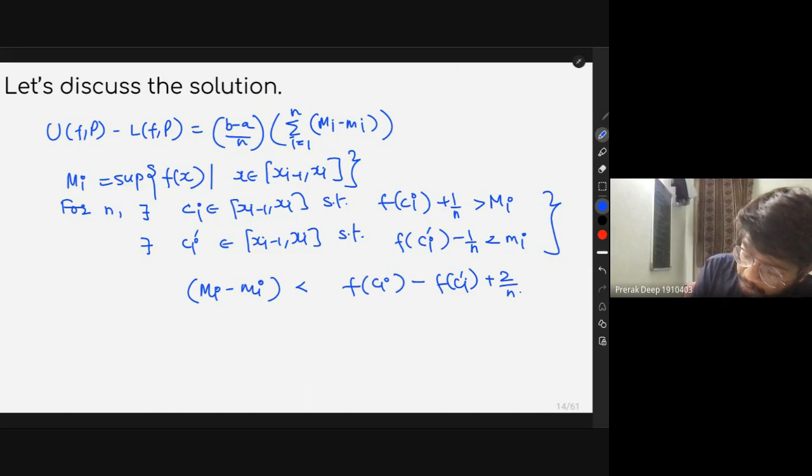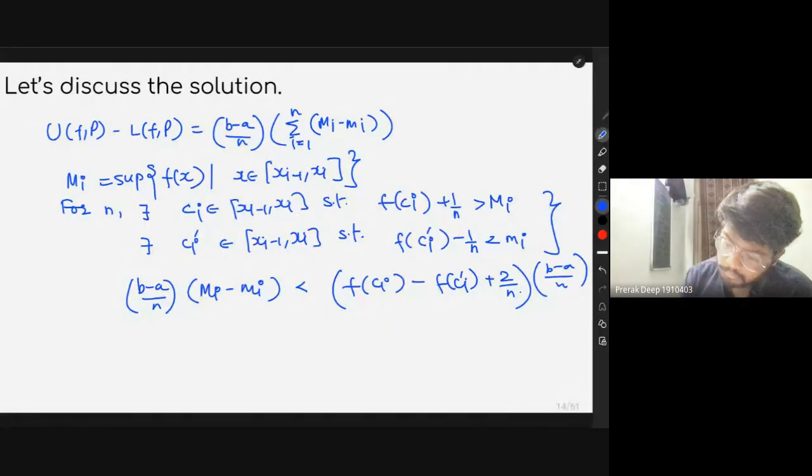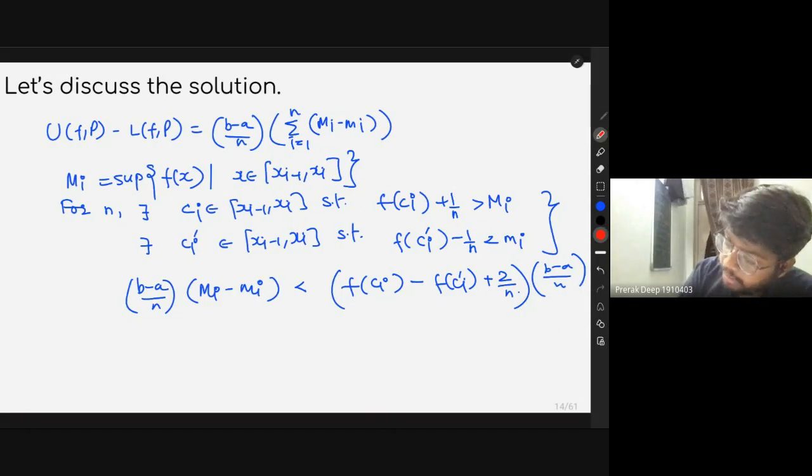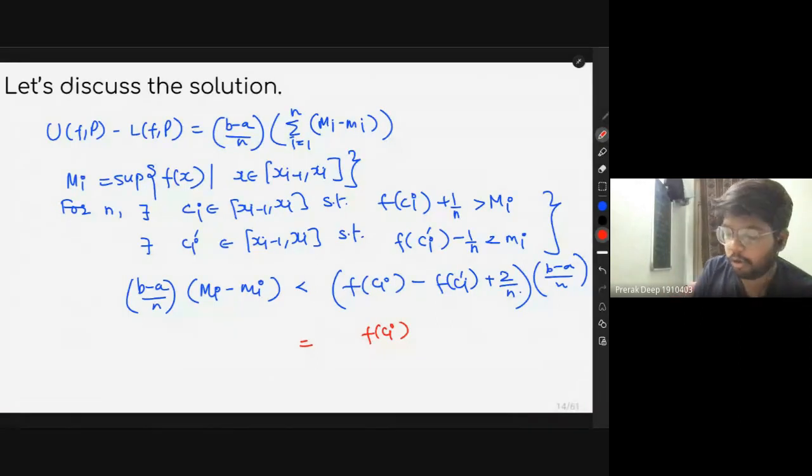And in particular, if I multiply it further by b minus a over n, then I had to multiply this by n. Correct? So I get this inequality. If I further simplify this inequality, it is basically f(ci), and if I take the modulus of the right hand side, it will be larger than this previous quantity.